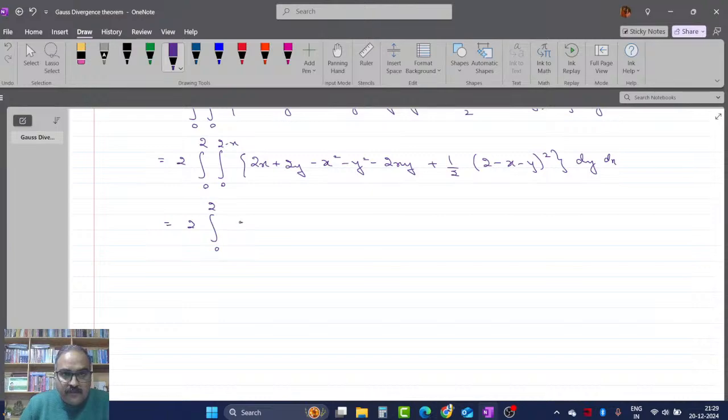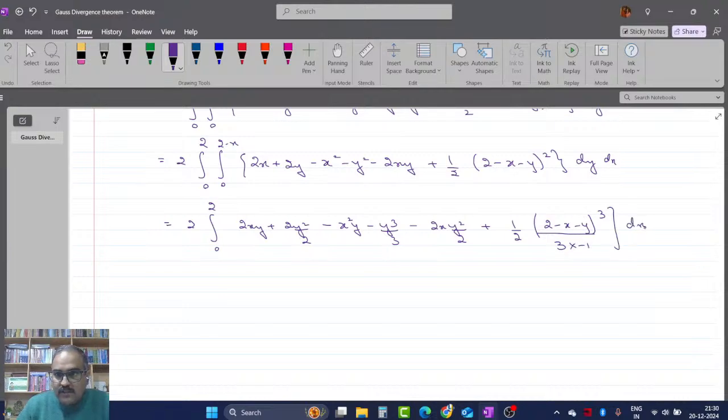So 2xy plus 2y square by 2 minus x square y minus y cube by 3 minus 2x y square by 2 plus 1 by 2. Now integration for this part will be (2 minus x minus y) whole cube over 3 into the coefficient of y, that is minus 1, into dx within the limits 0 to 2 minus x. This 2 and 2 cancel out, this 2 and 2 cancel out.